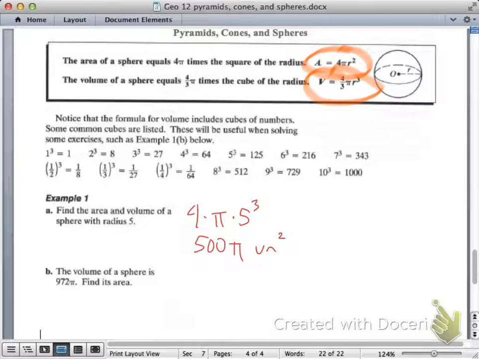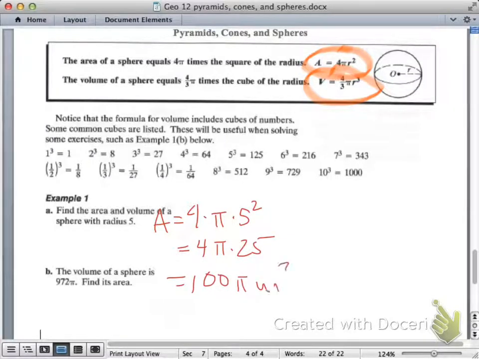Oh, I just did that totally wrong. Sorry. It's 4 pi r squared. So this is the area. It's 4 times pi times 25. It's 100 pi units squared.